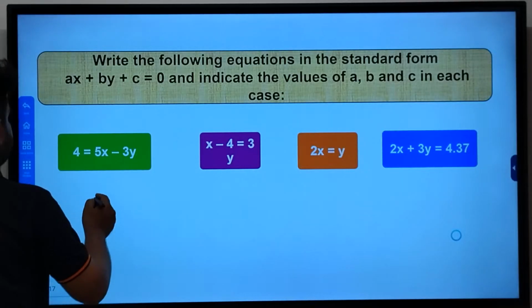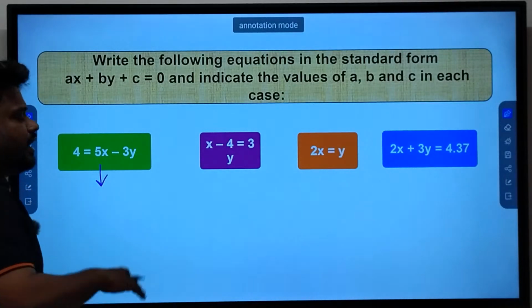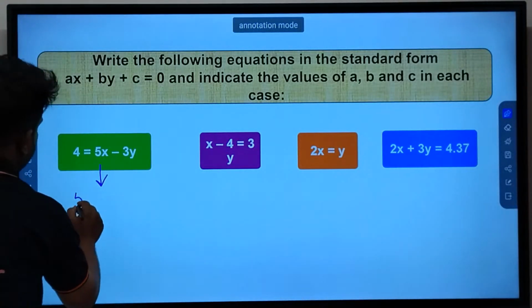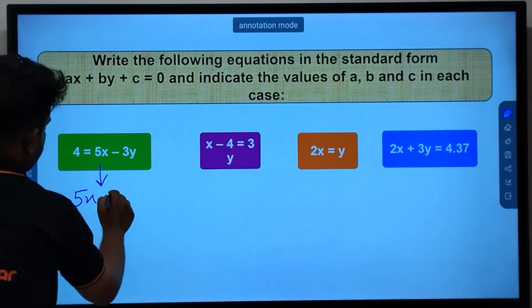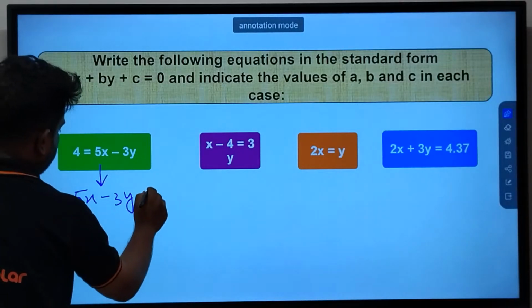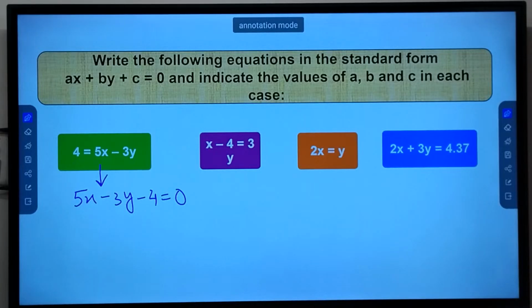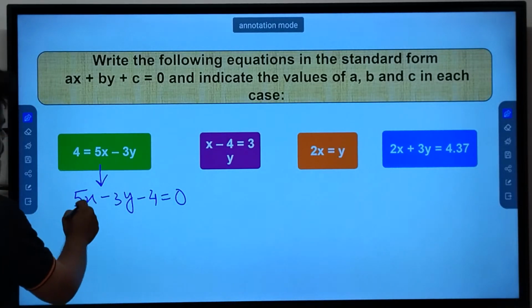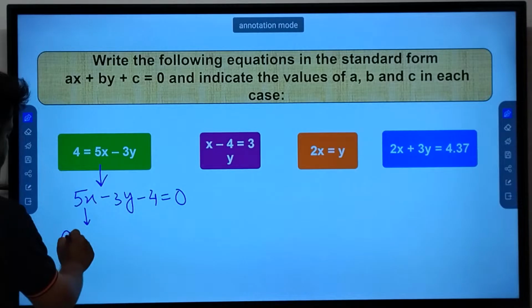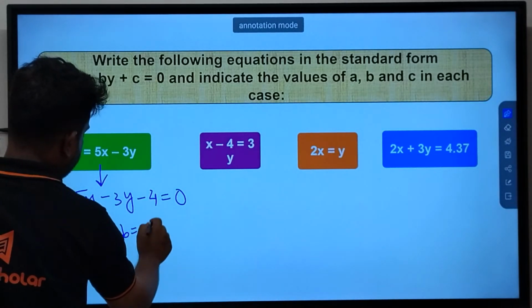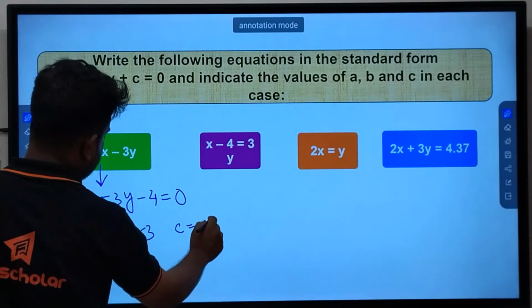These equations are all written in an unarranged manner. If we have to write them in the correct manner, it will look like this. Just see, this one represents a as 5, this represents b as minus 3, and this represents c as minus 4.